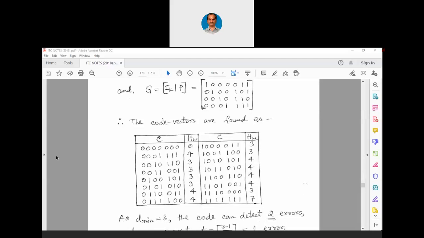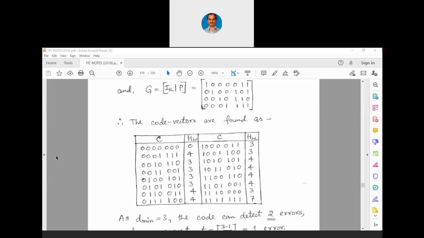You remember that theorem? Hamming weight and Hamming distance are strangely related. Even though we are calling it d minimum, the minimum Hamming distance, that is nothing but the minimum Hamming weight, that is 3.